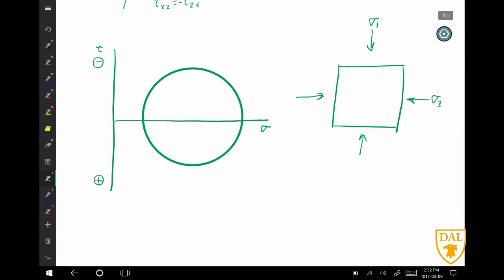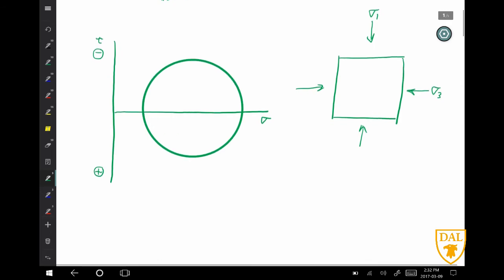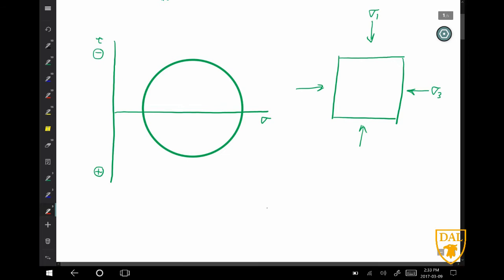Now, I think one of the challenging aspects with the Mohr Circle that people find confusing is simply, first off, the definitions of these orientations. So when we are talking about sigma 1, the sigma 1 direction is acting vertically, but the sigma 1 plane is actually the horizontal plane.